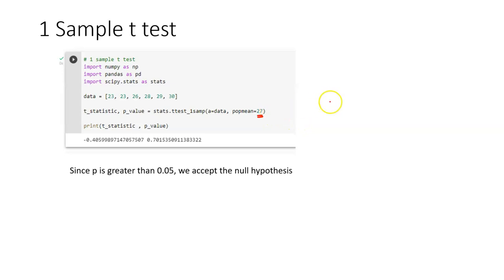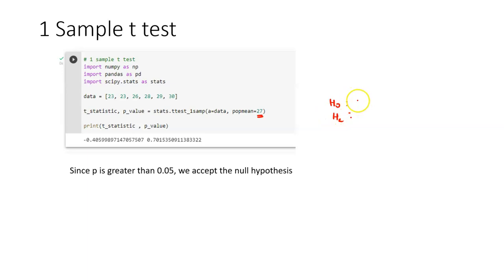Okay, so let's draft the null and alternate hypothesis. Alternate hypothesis is what we are trying to prove, and the opposite of that is the null hypothesis.